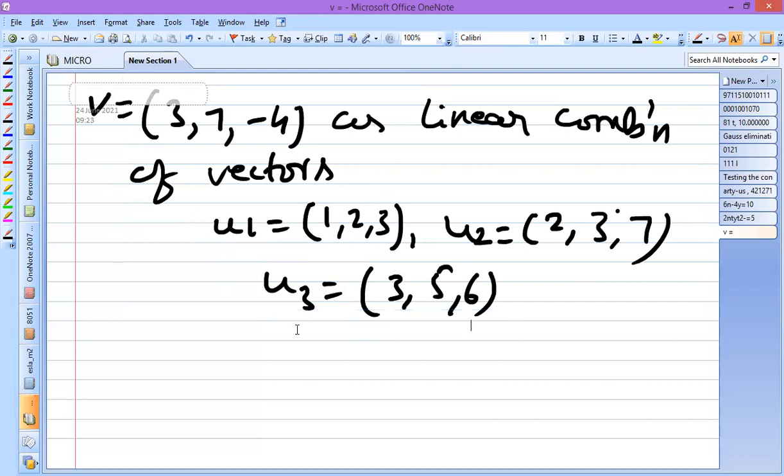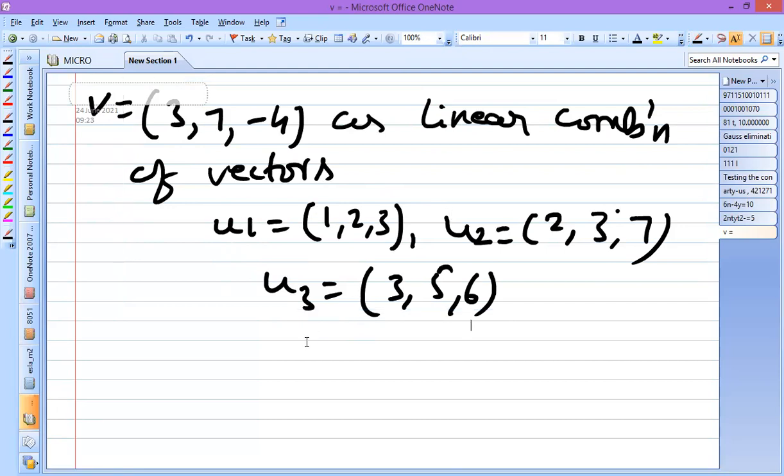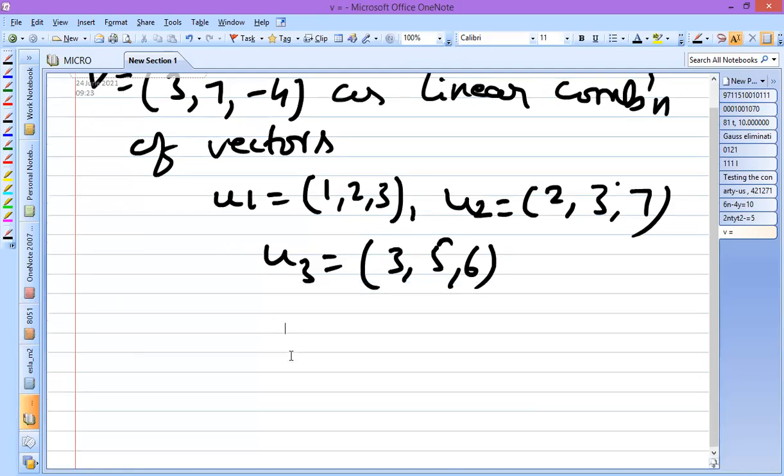I'll just repeat the problem. Express V as a linear combination of the vectors U1, U2, U3. So here we'll see how to express it as a linear combination of the vectors U1 up to U3. Let's go with the solution. Before solving the problem, we are going to assume some scalar quantities as variables, x, y, z.